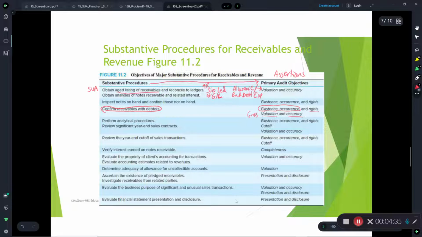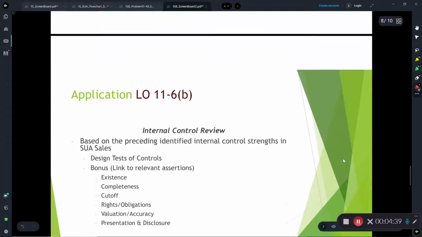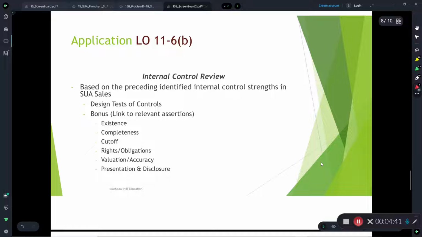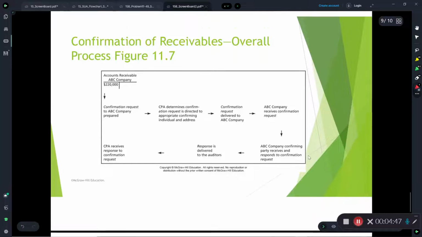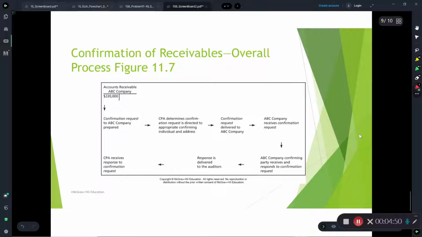All right. So if we look at our, well, we had actually done this where we looked at internal control strings already. But if we look at this confirmation process, then this is an example of an overall figure. So let's say, right, this is in the subsidiary ledger.